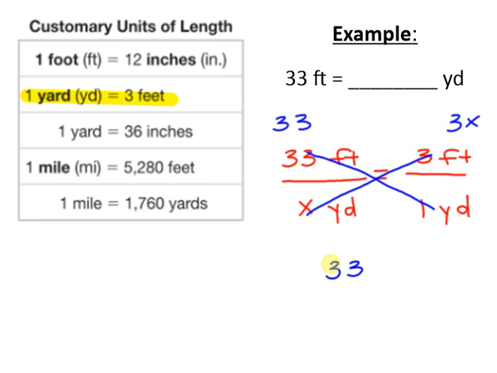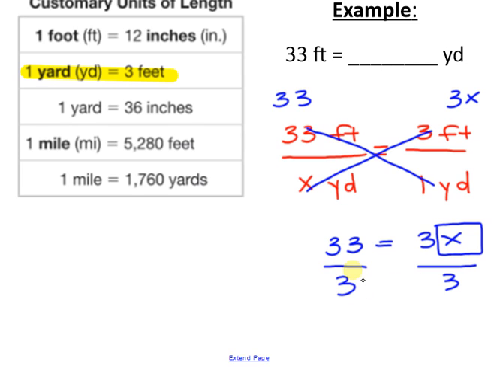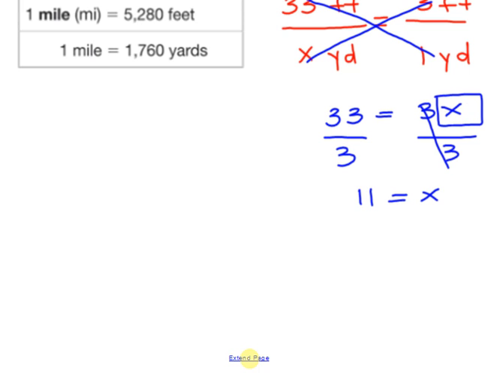So we have 33 equals 3x. We're going to box our variable and divide by 3 on both sides. 33 divided by 3 is 11 equals x, because these 3's cancel. Then we flip it around, so x equals 11.